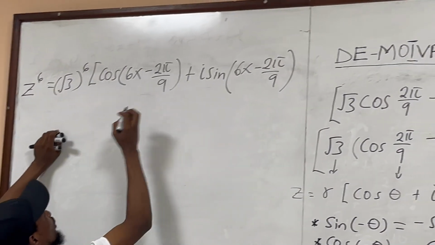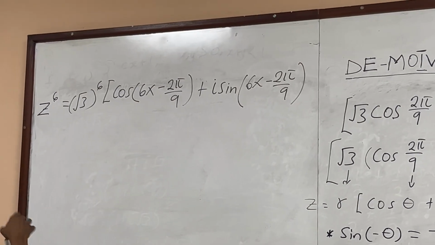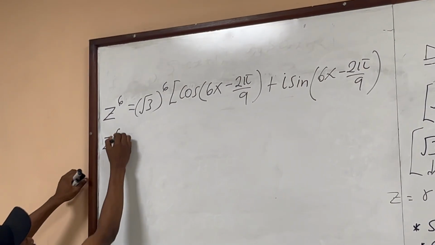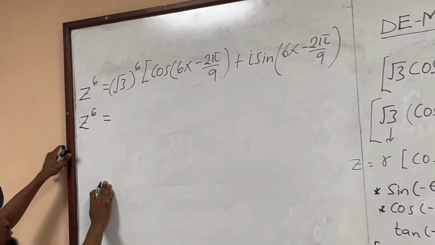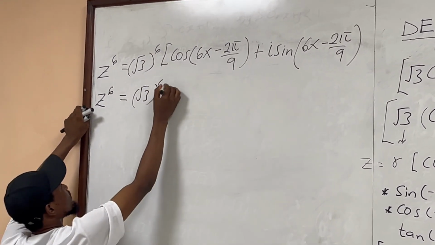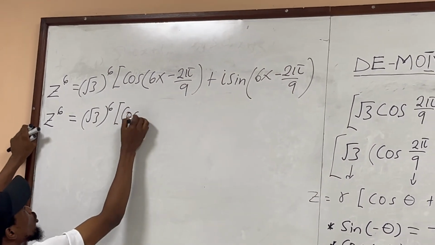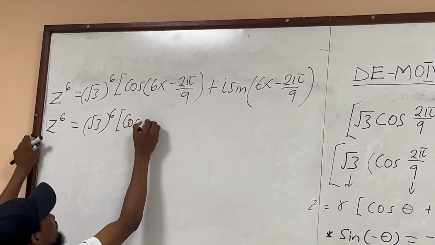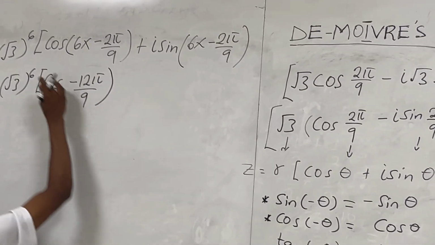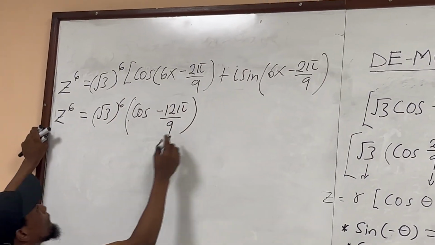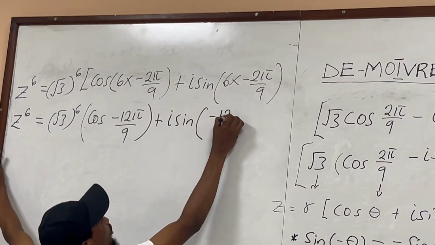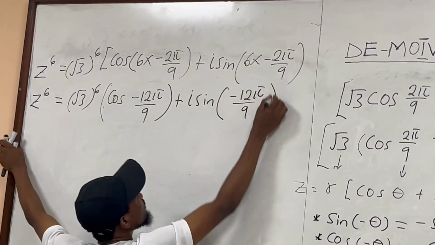So I can multiply, or I can divide 2 by 3. So I can say that z exponent 6 is equal to root 3 to the power 6, and I have cos of 6 times 2, we have negative 12 pi over 9, then plus i sine of negative 12 pi over 9.